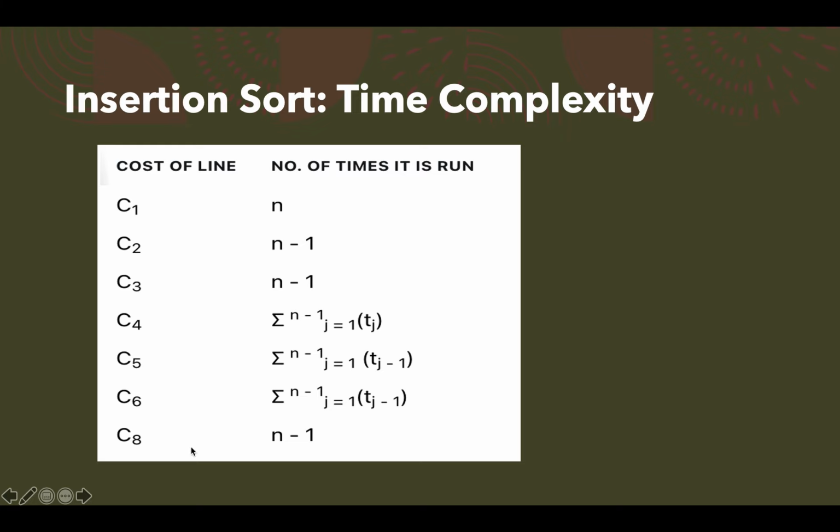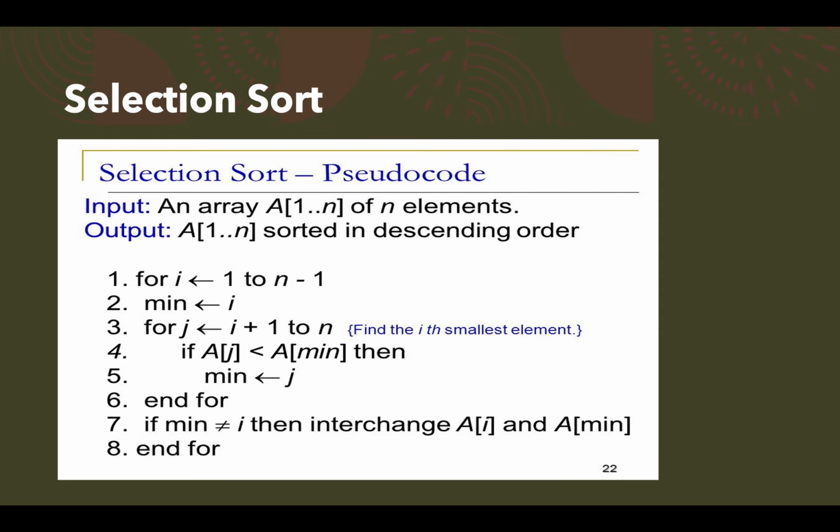And C8, where you are assigning the key value to the correct position, is executed n minus 1 times.